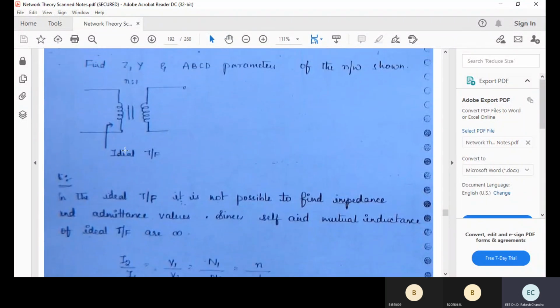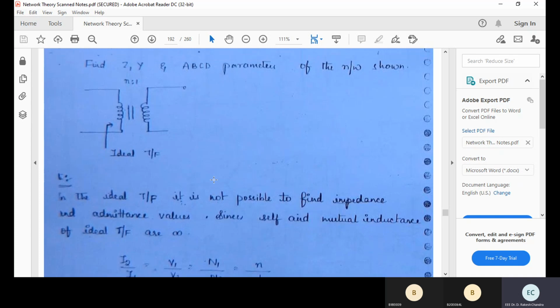Just now we have seen magnetically coupled circuits. The transformer is the best example of magnetically coupled circuits, which you might have seen in basic electrical engineering. In a transformer you have n by 1 turns or 1 by n turns; the number of turns is different from primary to secondary, to make it a step up or step down transformer. n by 1 may be a step down transformer, 1 by n a step up transformer.